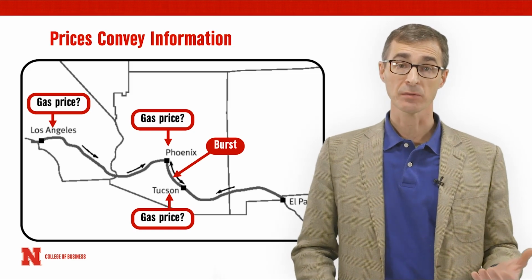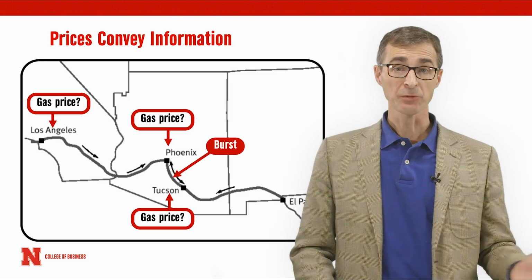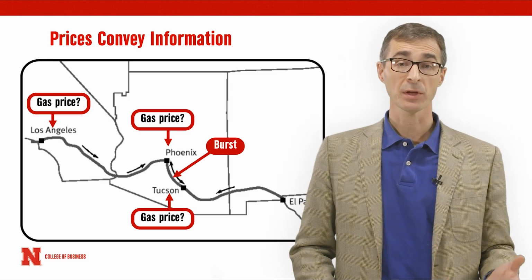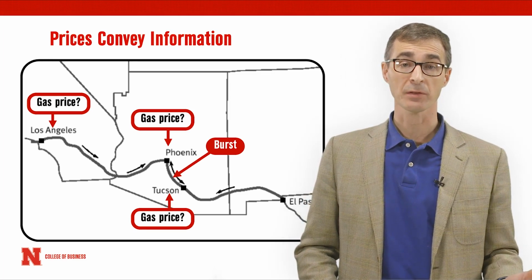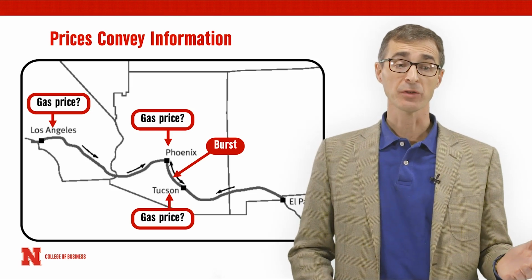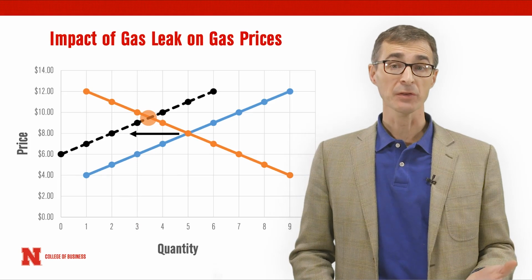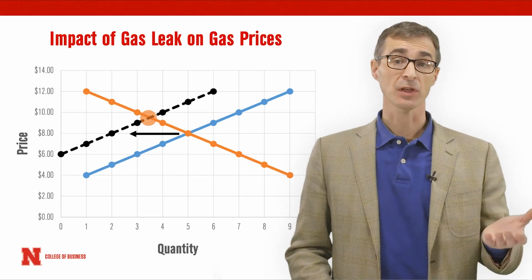The supply in Phoenix obviously went down. Now we can illustrate that with a leftward shift of the supply curve in our supply and demand analysis. In fact, the supply went down pretty dramatically when this gas leak occurred, and the prices of gas in Phoenix increased.